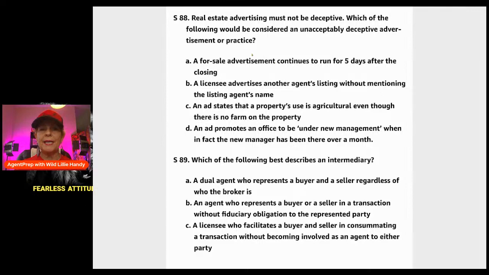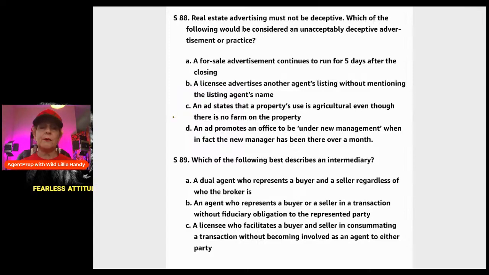So 88, real estate advertising must not be deceptive. Which of the following would be considered an unacceptably deceptive advertisement or practice? A, a for sale advertisement continues to run for 5 days after the closing. B, a licensee advertises another agent's listing without mentioning the listing agent's name.